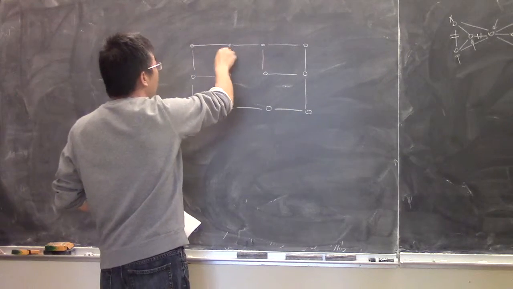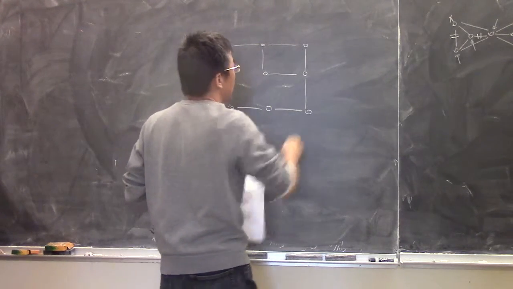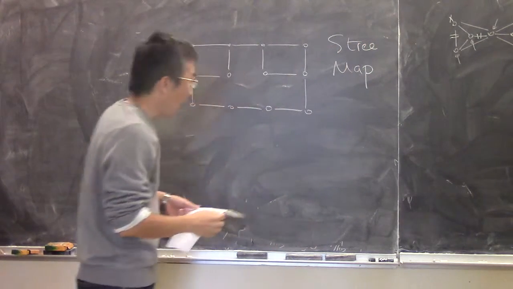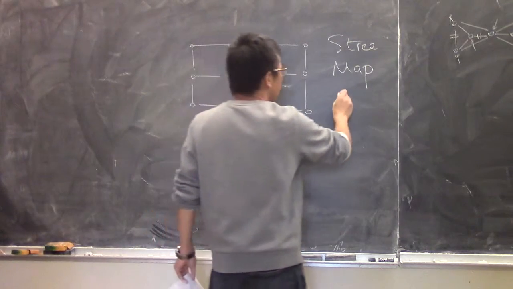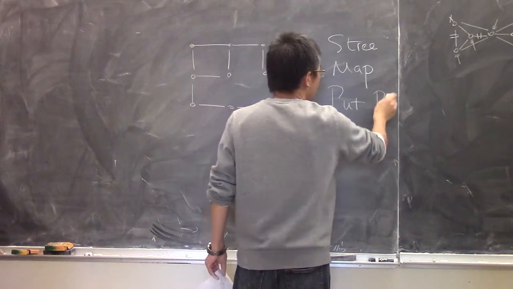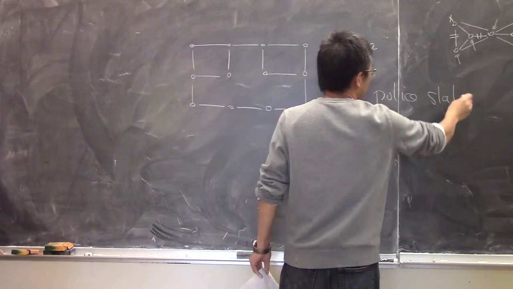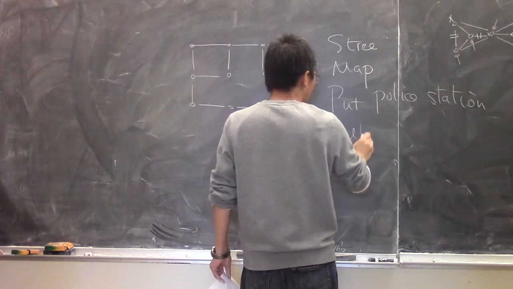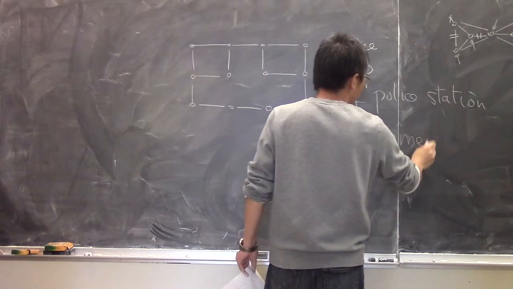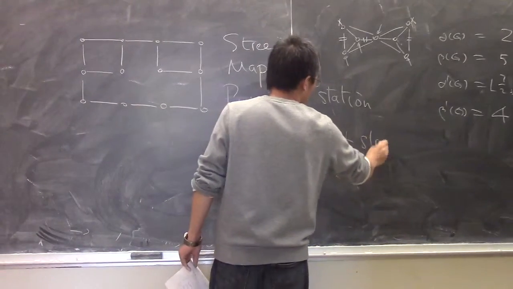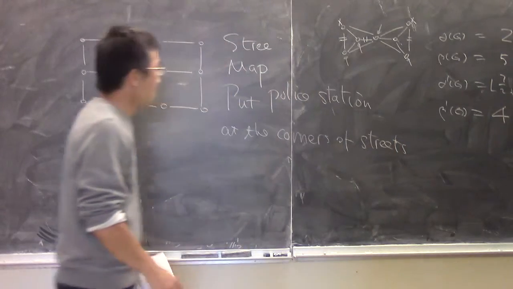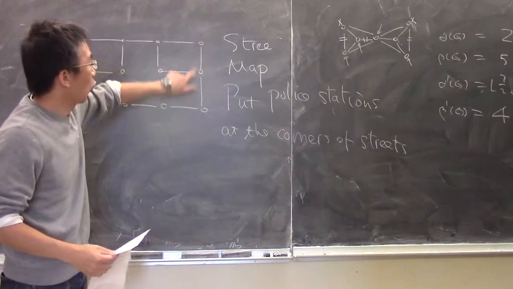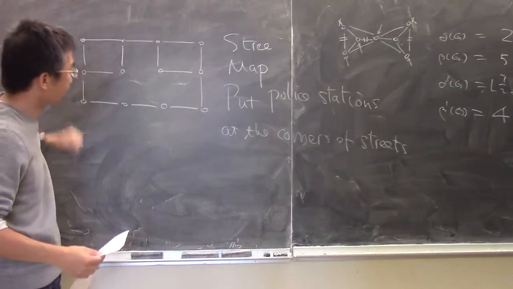These are streets, and the circles are the intersections. Right? So this is my street map, and I want to set up some police stations. So I'm going to put police stations at the corner of the streets. My goal is to put some police stations at the corner of the streets, right?